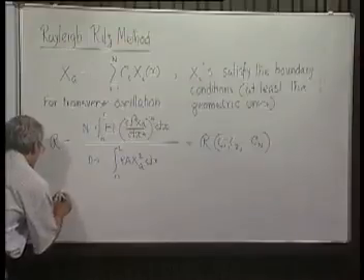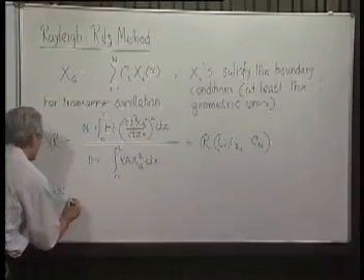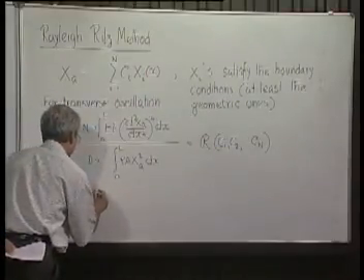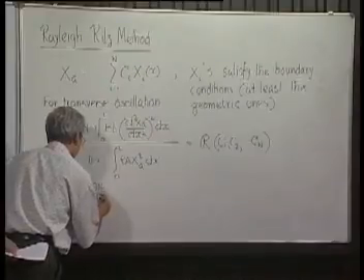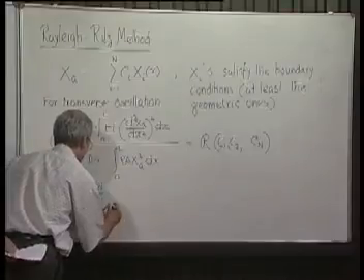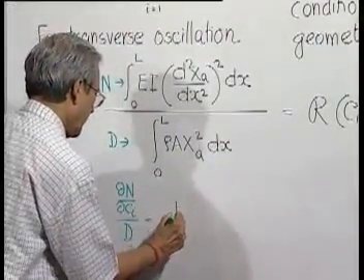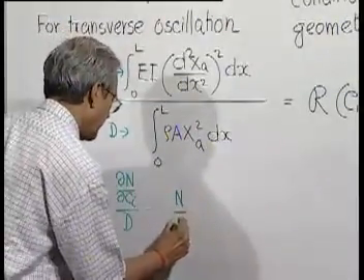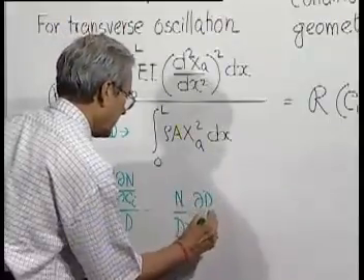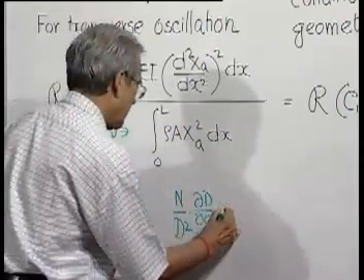So del R del Ci will be equal to del n del Ci by d minus n by d square del d, and this is equal to 0.